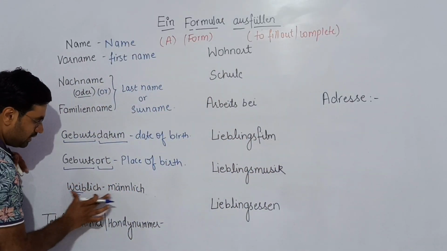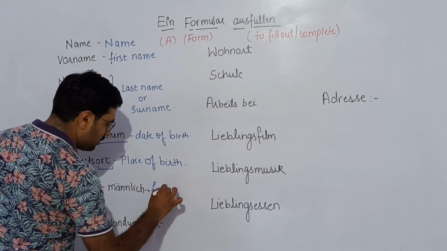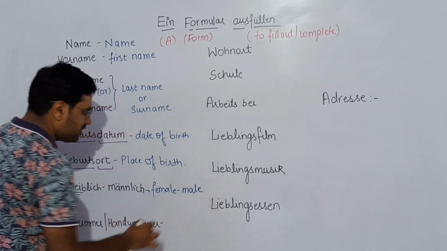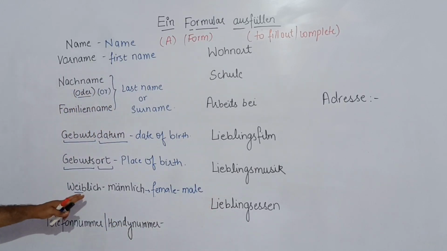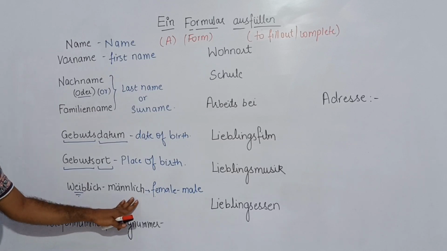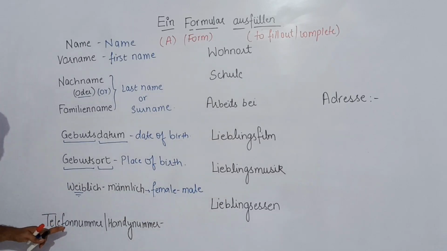Weiblich is for female and männlich is for male. If you are a female, you can check the weiblich box, and if you are a male, you can check the männlich box.